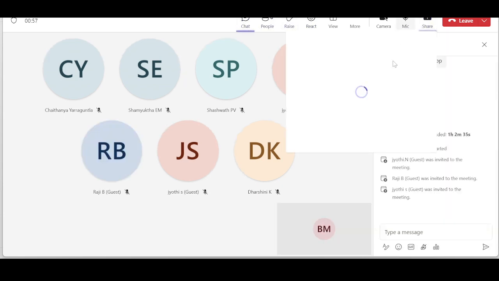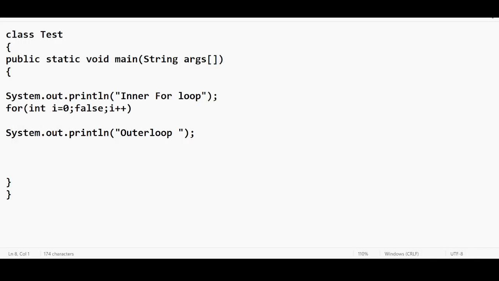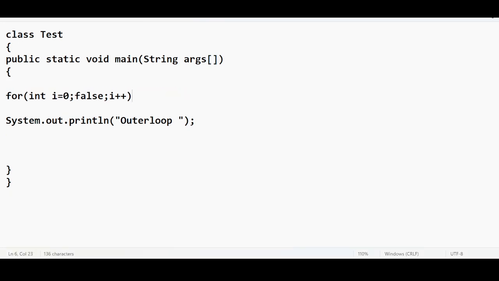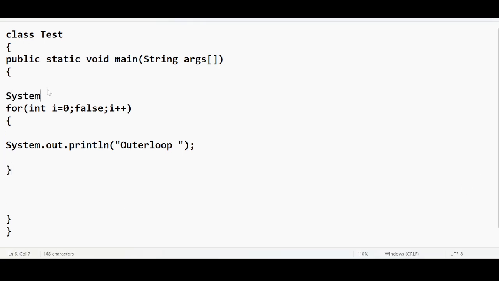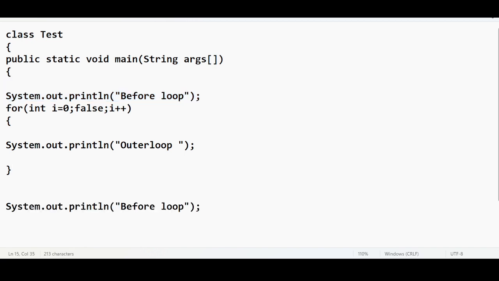Okay, guys, let me share my screen. We have a for loop, and I am directly defining the value false here. There was a statement System.out.println, the for loop, and after loop.